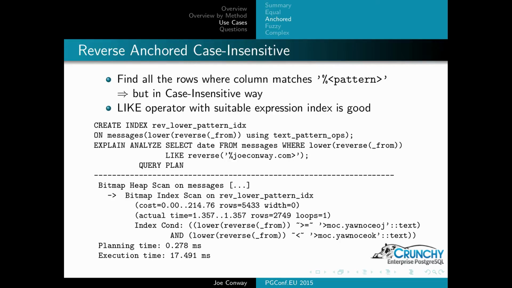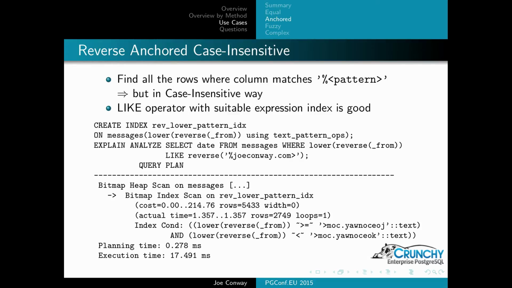Okay, so now we have a case where we want to find something that matches a wildcard and then the pattern. So this is a reverse anchored case. We still want it to be case insensitive. This is another case where you can actually build an expression index. You can build an index on lower over the reverse of that column, because reverse is another function that's available to you. Again, we're still going to use the text pattern ops index type.